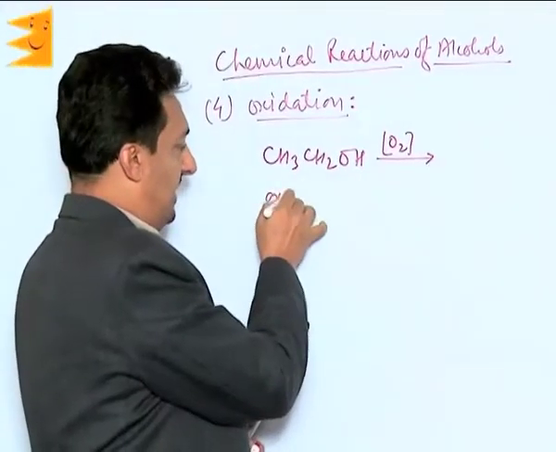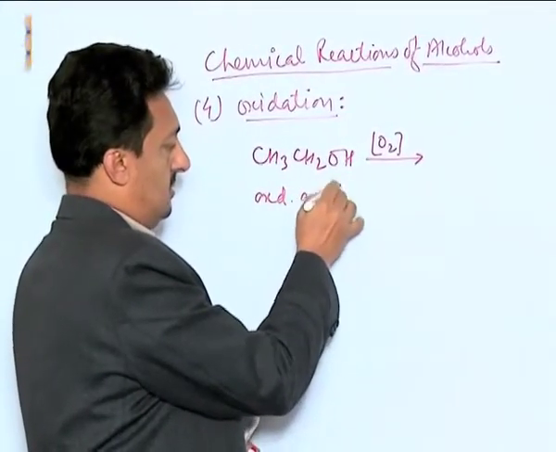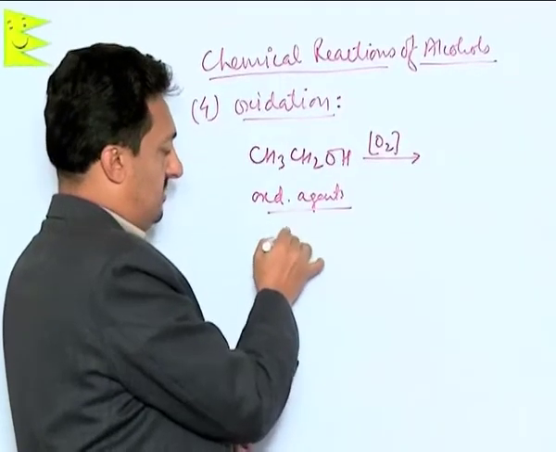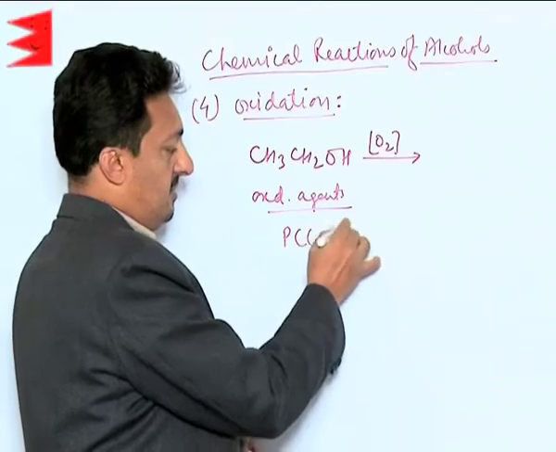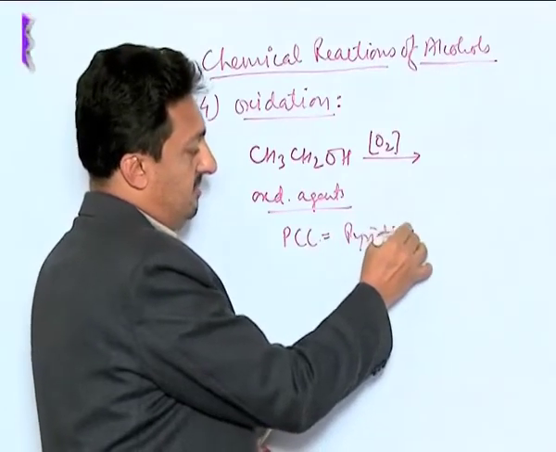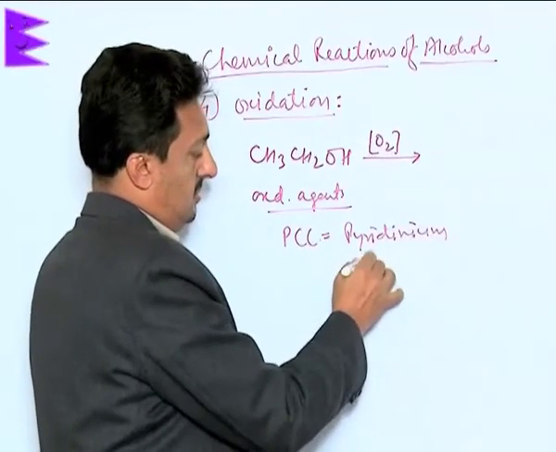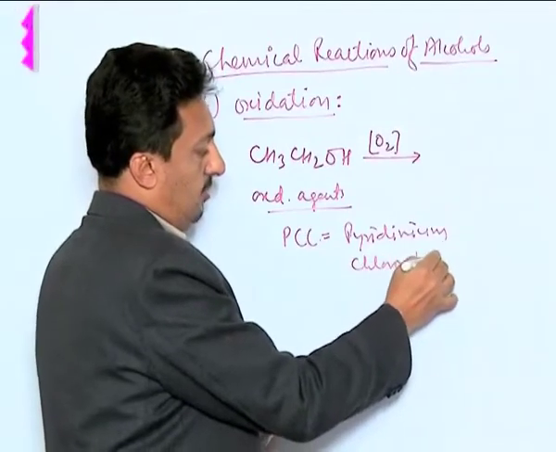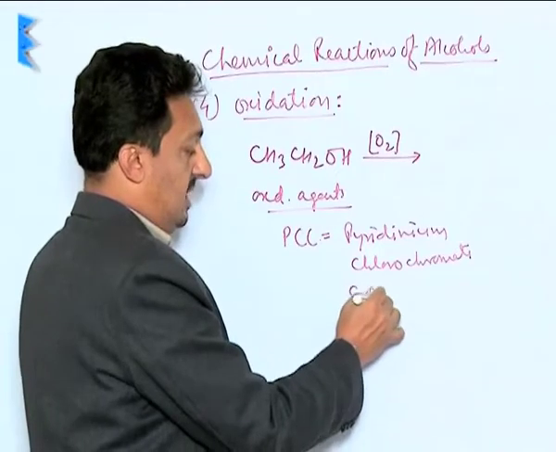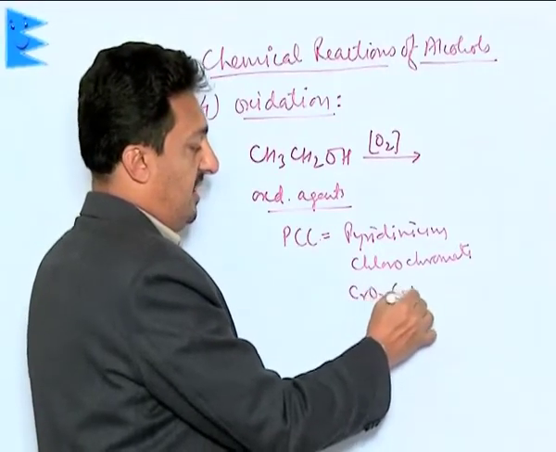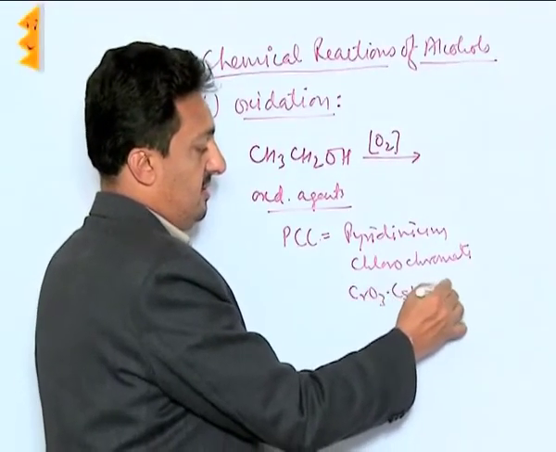So the oxidizing agents generally used are the PCC, which is called pyridinium chlorochromate, which is CrO3.C5H5N.HCl.